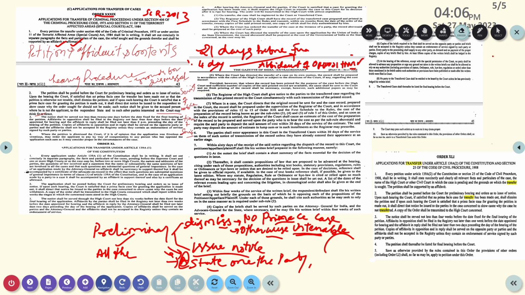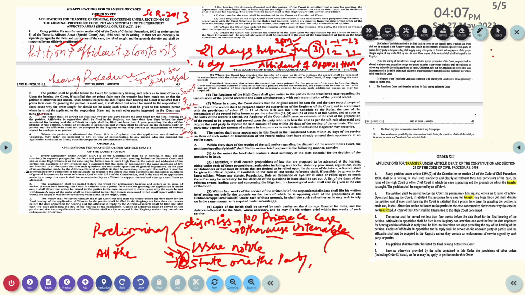Suppose the hearing is happening on 1/1/23. Then you can file up to 2 p.m. on 31/12/22. So one day before, up to 2 p.m., you can file the reply. In other cases, when 4 days are given for the affidavit of opposition, 2 days are given for the reply. But here, up to 2 p.m. of the preceding day has been given.